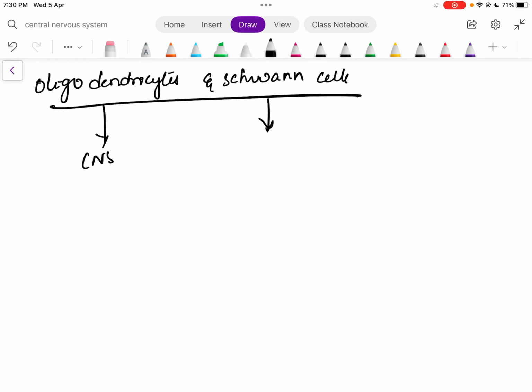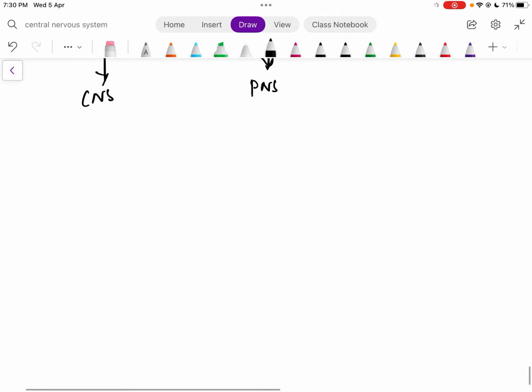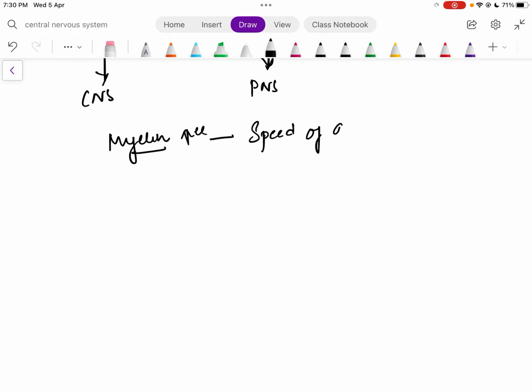Oligodendrocytes are for the CNS and Schwann cells are for the PNS. Both will form myelin. So what is the function of myelin? Myelin increases the speed of action potential conduction.